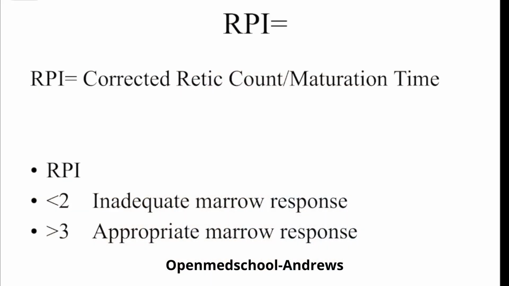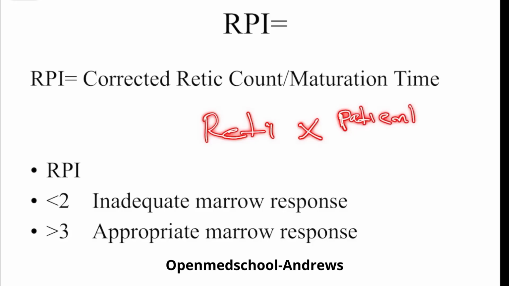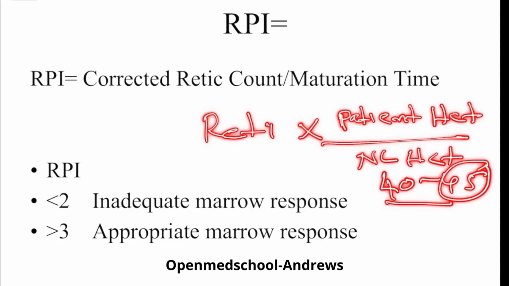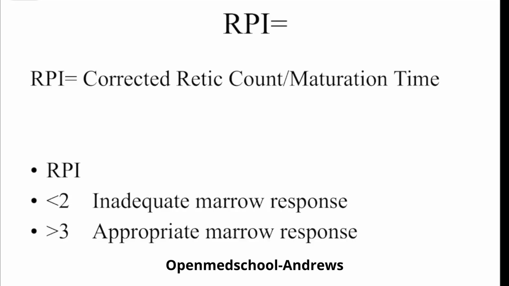The corrected reticulocyte count is the patient's reticulocyte count multiplied by the patient's hematocrit divided by the normal hematocrit. Take the normal as 45 for males and 40 to 45 for females. This is the correction for the hematocrit.